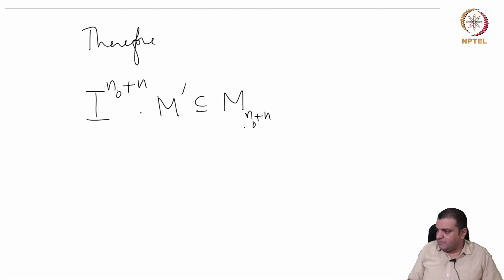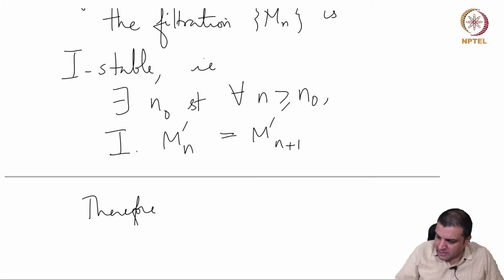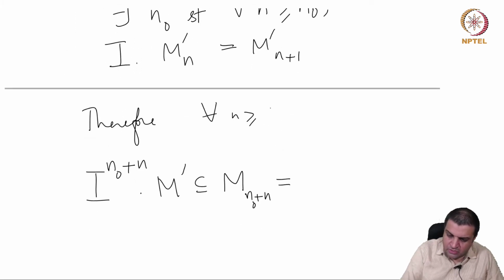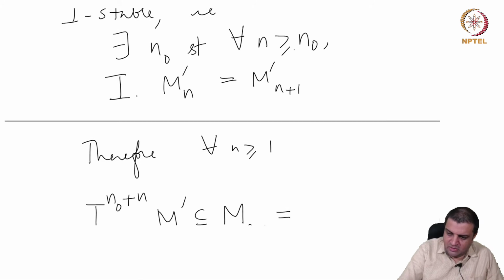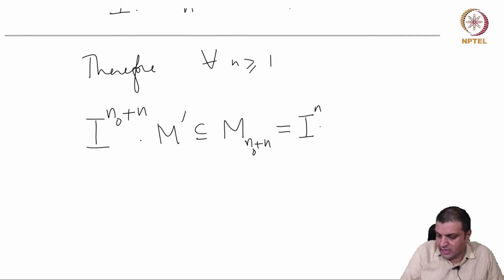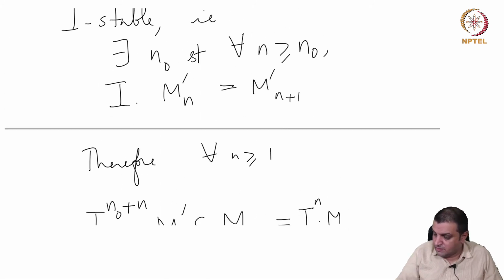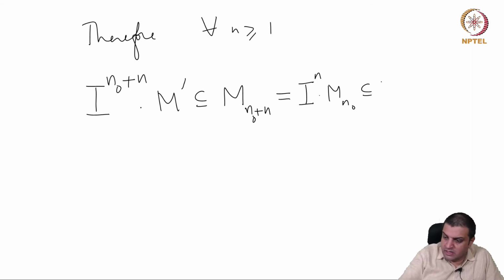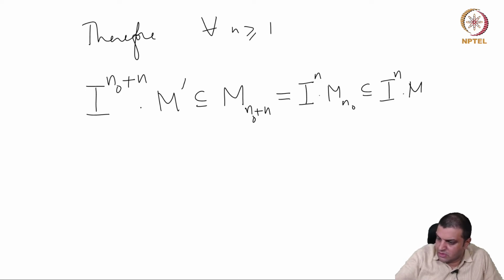So this is inside here, but repeatedly applying this, for all n greater than or equal to 1, there's a slight change in notation here. Please bear that in mind. Here it's all n greater than or equal to n0, but here I am taking that as a difference from n0. So this is the same thing as I^n times M_{n0}, just repeatedly applying this result, and this is inside I^n times M prime.